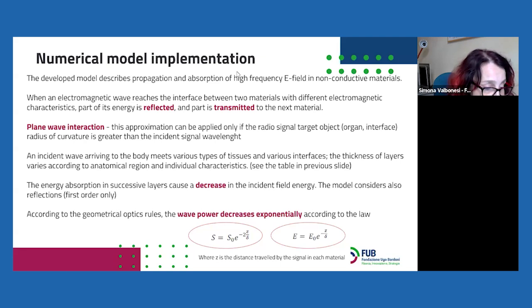On the bottom of the slide, you can see the equation of the power and electric field, where Z is the distance traveled by the field in a given material, and delta is the penetration depth. The penetration depth is calculated with the formula I presented in the previous slide.